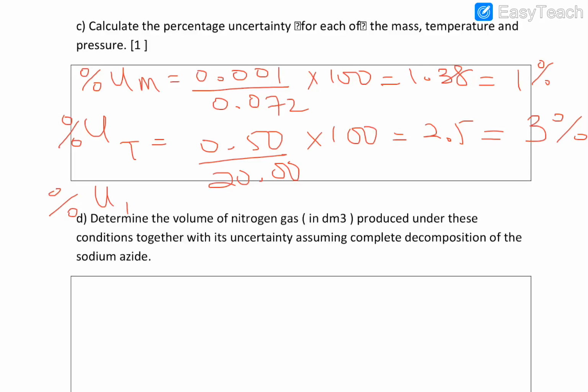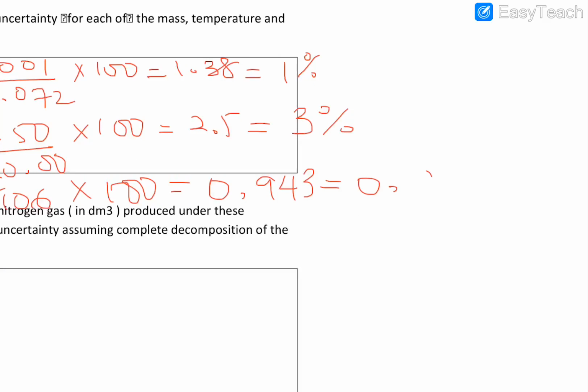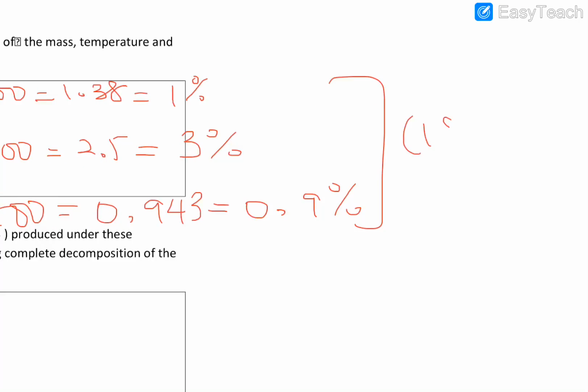Percentage uncertainty in pressure, that's going to be 1 over 106 times 100, so 0.943, so that gives me to 1 SF 0.9%. Okay, so all of this given to 1 SF.